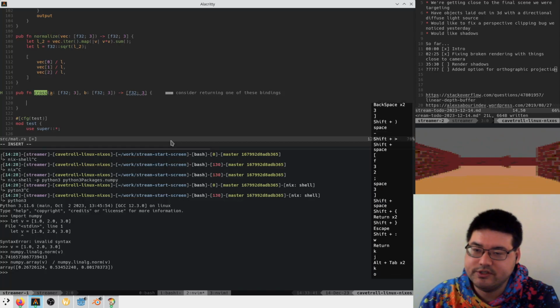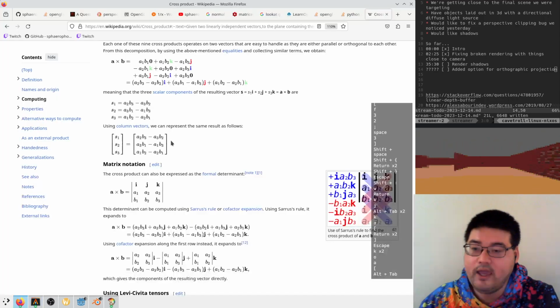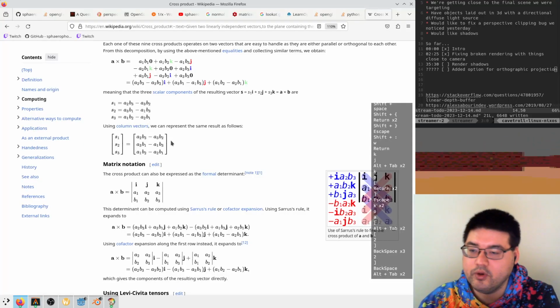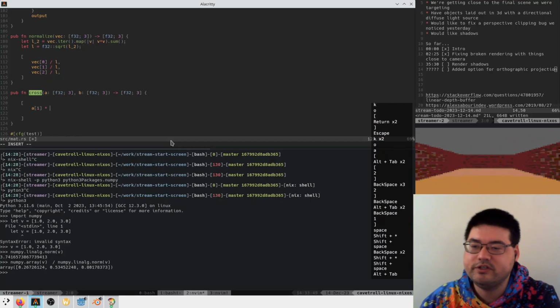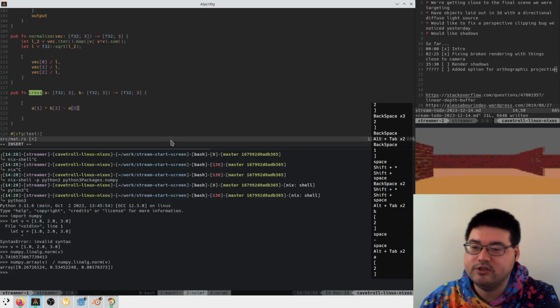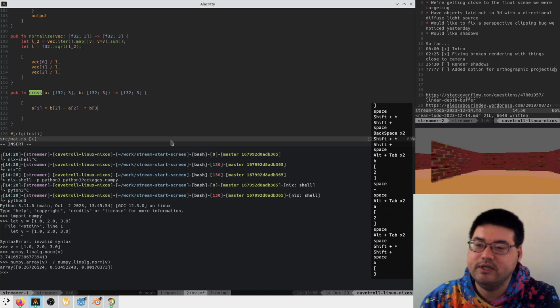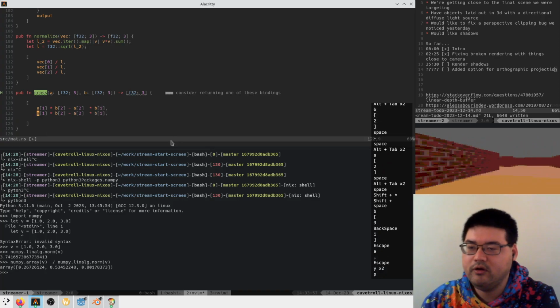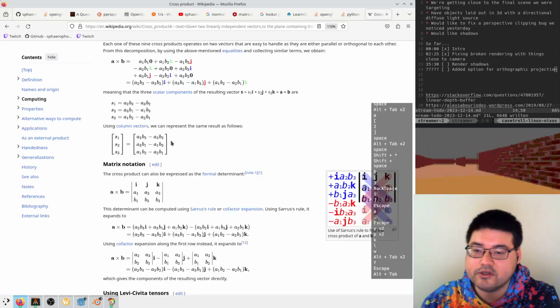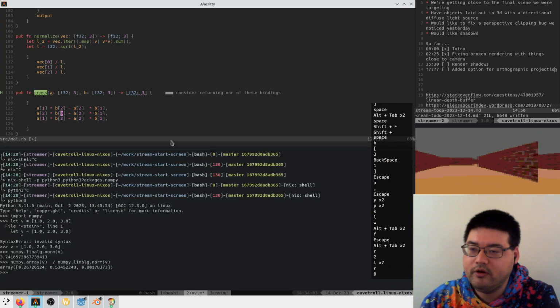And this is just A2, or is this 1, 2, 3? These are one index. So A1 times B2 minus A2 times B1. And we just have to update the indices here. So these are each added by 1.